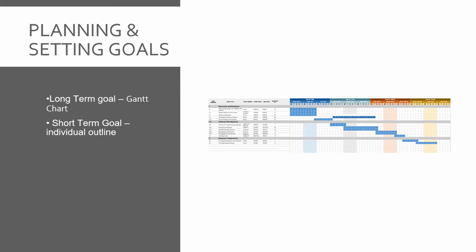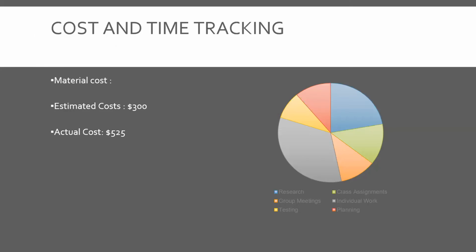For short-term goals, we had an individual outline created for each person. Each person was asked to create a 10-week outline of things that they know they can complete on a weekly basis to make sure they can meet the deadlines, which were the long-term goals. So that was how we set goals and planned for our project.